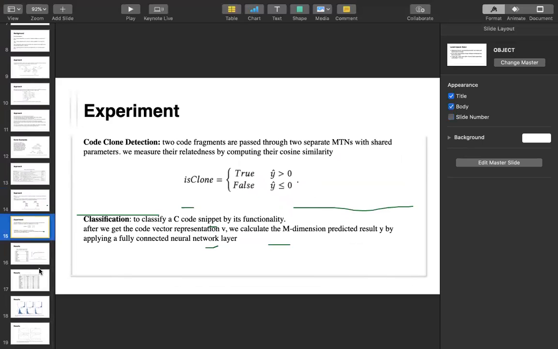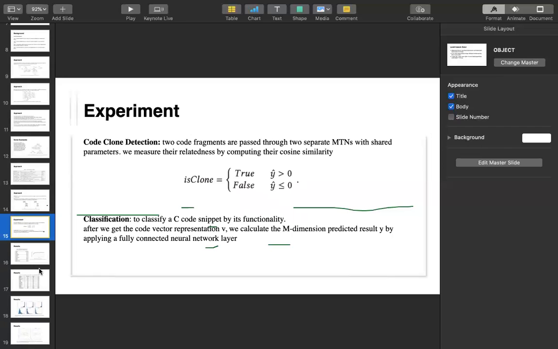They have done two types of experiments on two different tasks: one is code clone and one is classification. For code clone, it is quite simple.